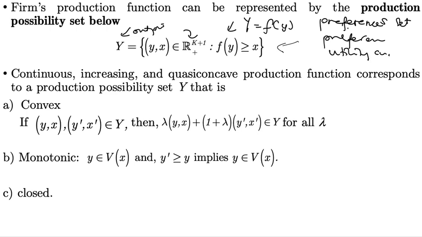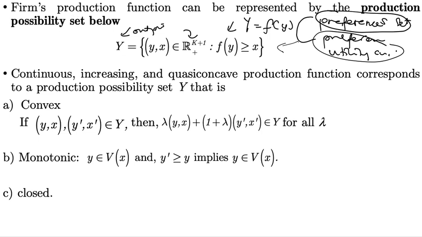In chapter 1, we learned about the preference set, its properties or axioms, and then we say that if we have a utility function, it can also have the properties of the preference set, as long as both of them have more or less the same assumptions and properties. The same goes for production possibility set and also production function.